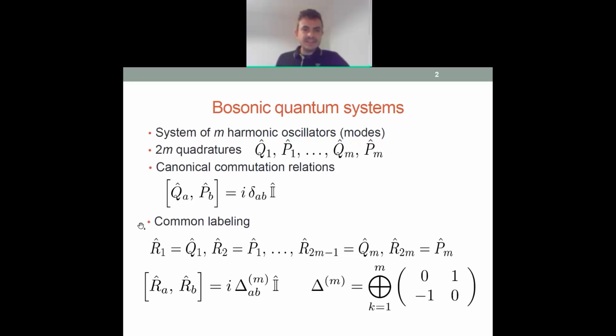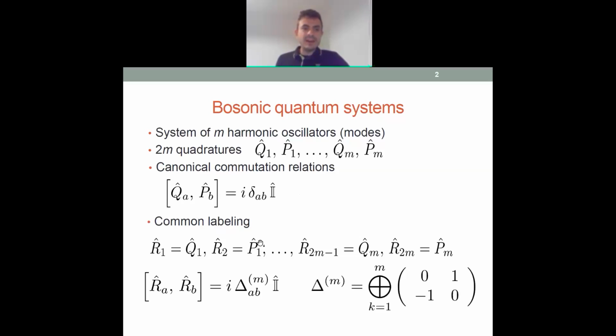Then sometimes it's easier if we have all the positions and momenta on a common footing. And sometimes it's useful to employ this common labeling of the Q's and P's operators.